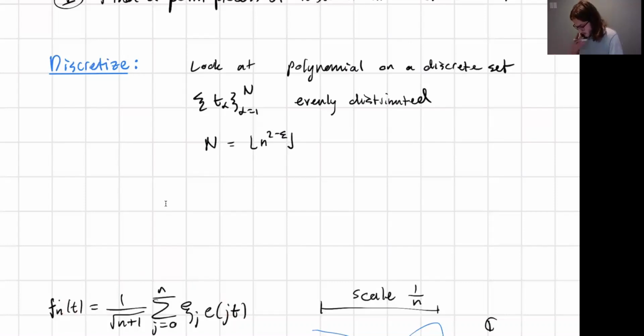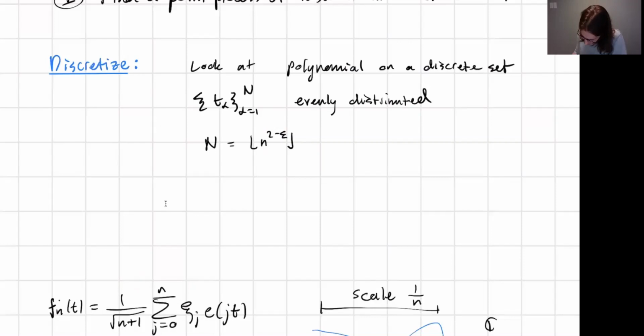When you take a derivative, it's of order n, and so it's going to be varying at scale 1 over n. And if you want to capture these arcs that are zooming in close to the origin, you're going to need to look at it on a mesh of points that's certainly growing faster than n. But it turns out we need it to be almost n squared.